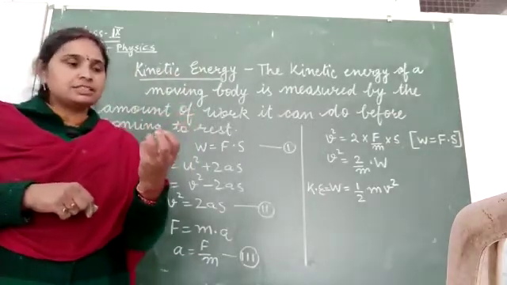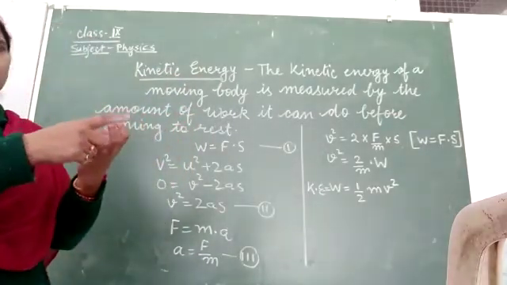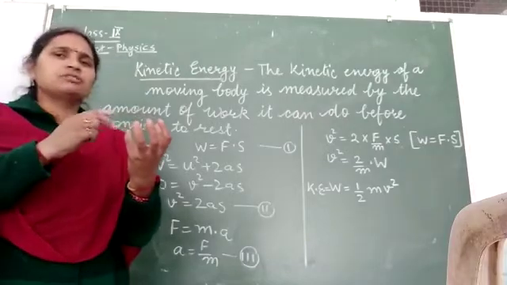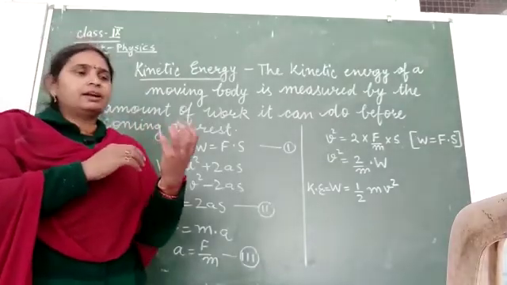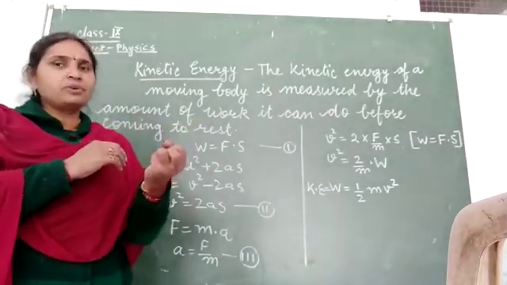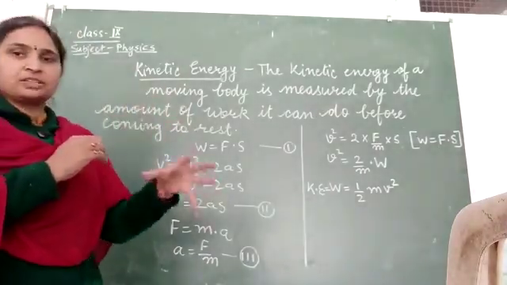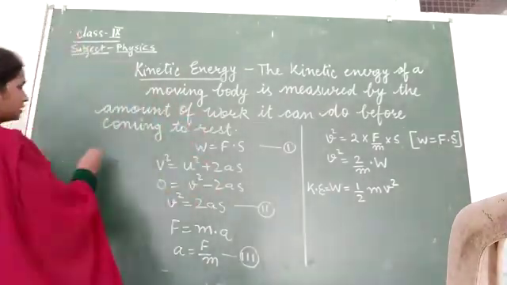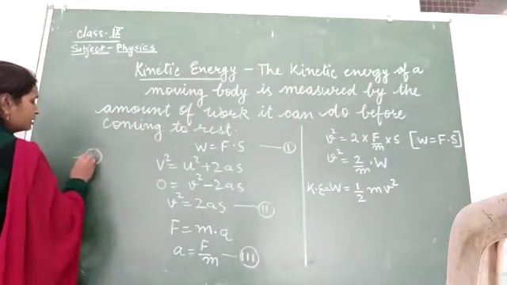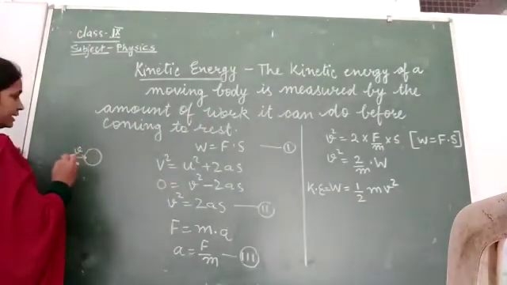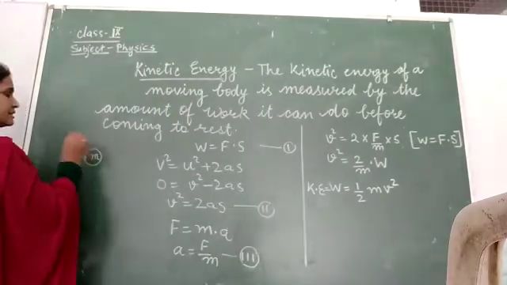Suppose we consider a body moving with the initial velocity u, or we consider the initial velocity v, and the mass of the object is m, and a force is working on the object. A body is moving with the velocity v, and the mass of the object is m.